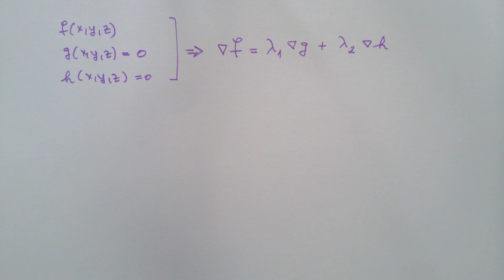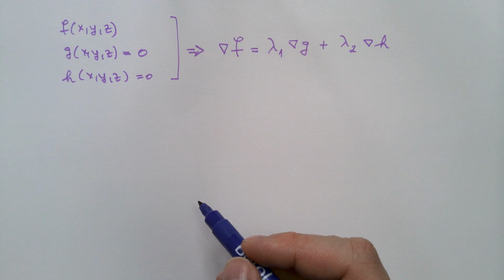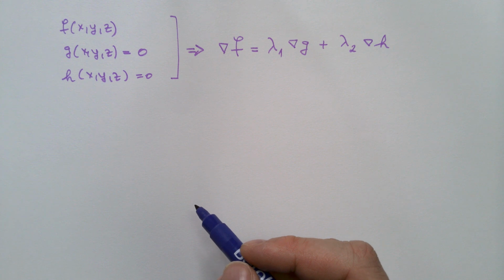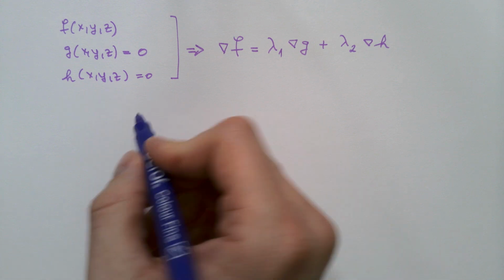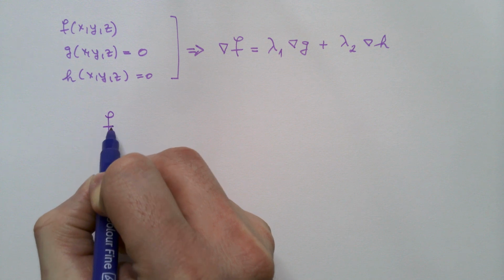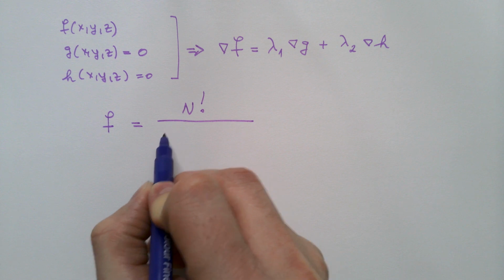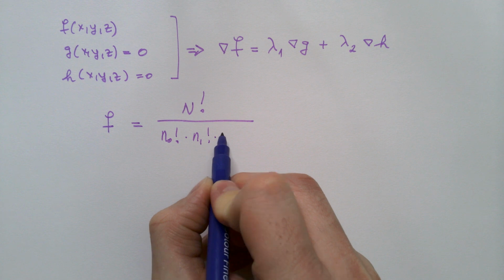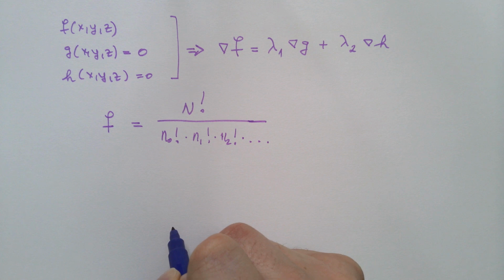And the reason I decided to make this video in the middle of my series on kinetic theory of gases is the following. In the next video, we will tackle the great and powerful Boltzmann distribution of energies of atoms in an ideal gas. And in that video, our objective function f will be n factorial divided by n0 factorial times n1 factorial times n2 factorial times 3 dots.